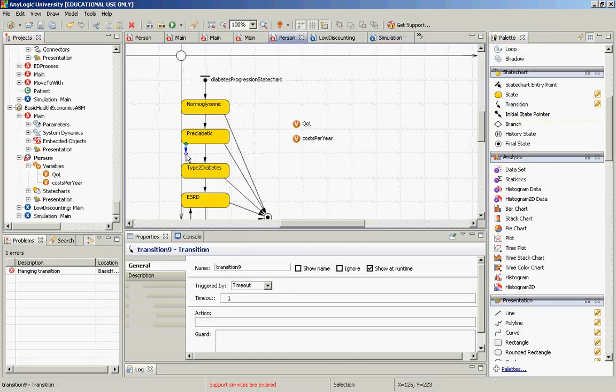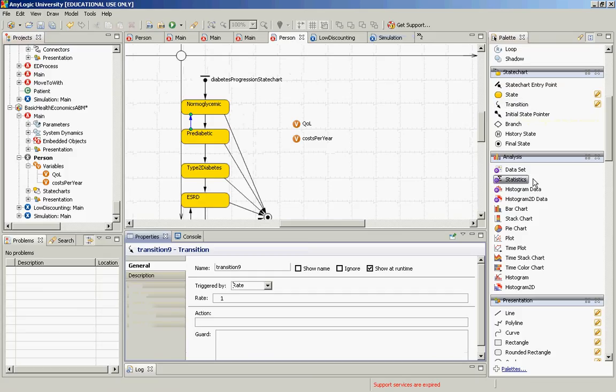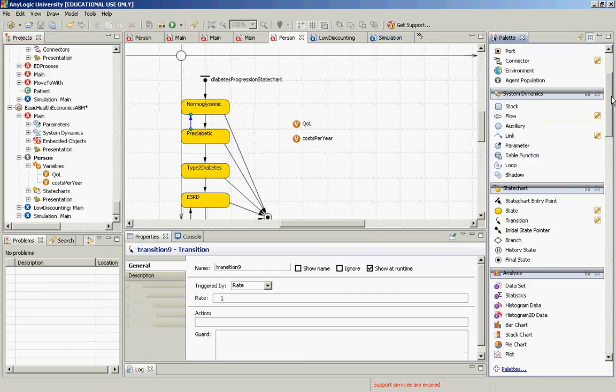It would be good to distinguish between those who are recognized pre-diabetics and not. But imagine if we could, through some sort of intervention, draw people back with a pre-diabetes intervention rate.